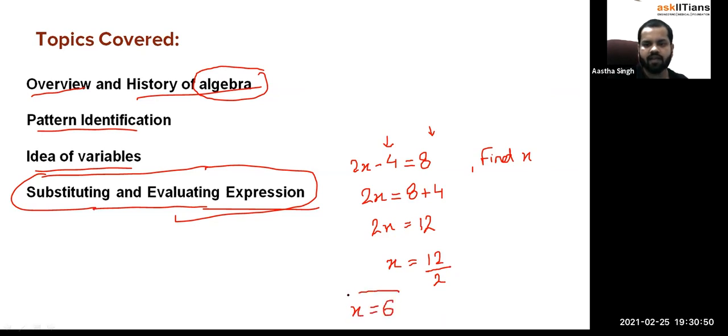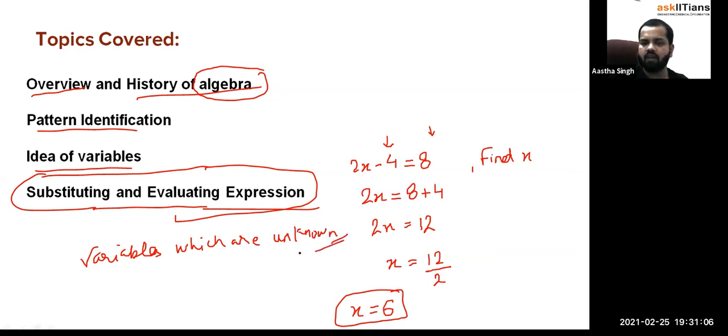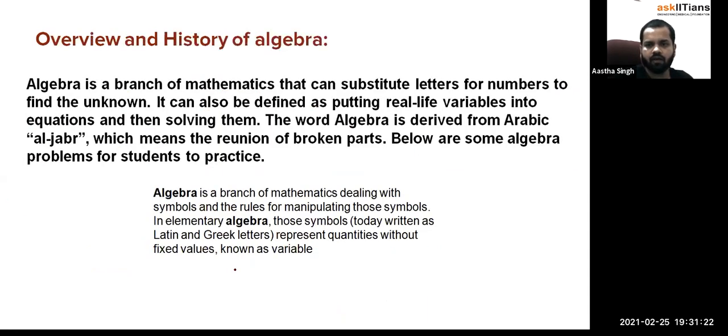This is how algebra deals with certain variables which are unknown, and you have to find their values. There are certain word problems and certain rules which you have to follow to find the value of your unknown or variable. Let us move forward.